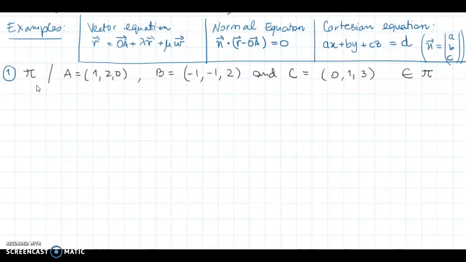So it's enough to have 3 points to determine a plane. So you have A, B, and C, and then we have the plane pi, including them all.